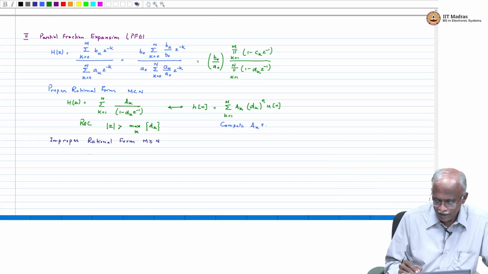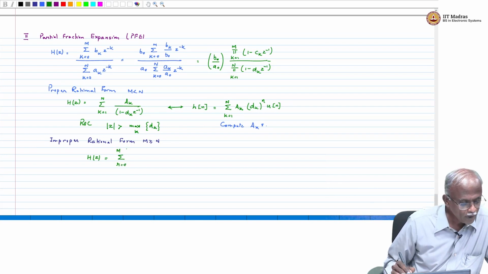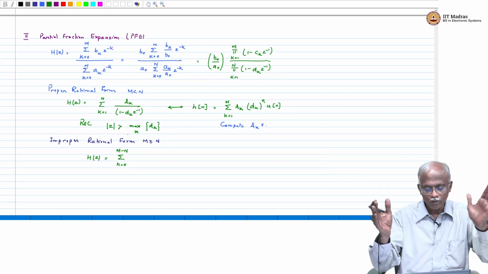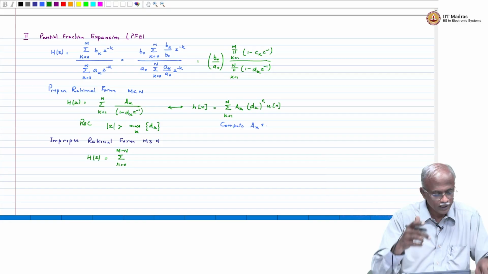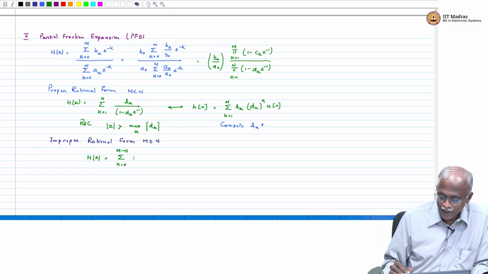Eventually you will write it in the following form. H of z is equal to summation r equal to 0 through m minus n, those are the terms that will come out when you do the division. We'll call that br z to the power minus r.